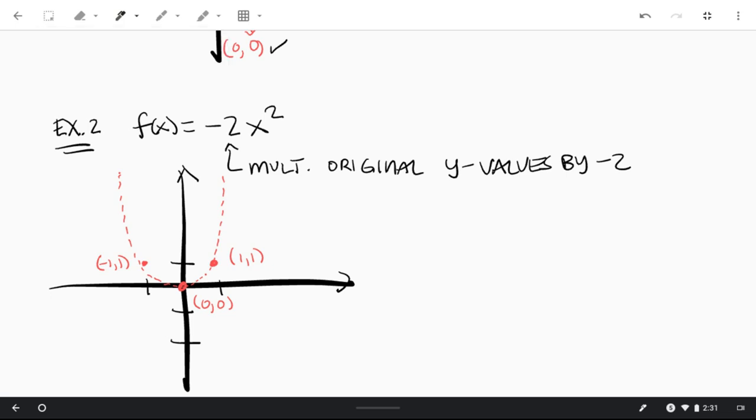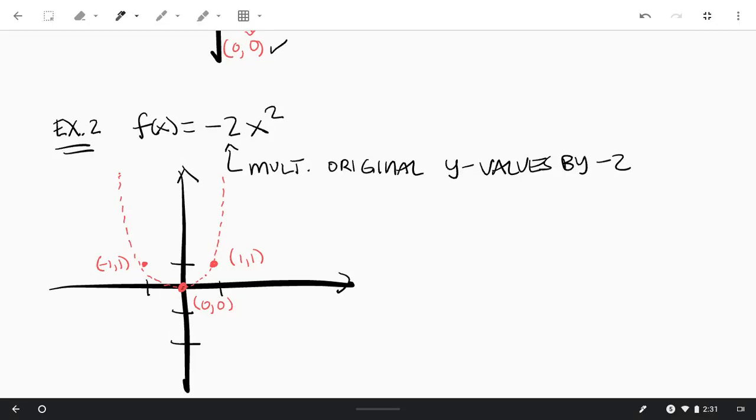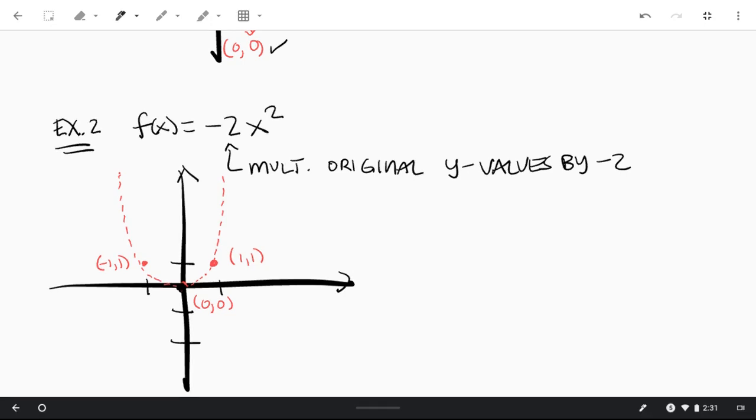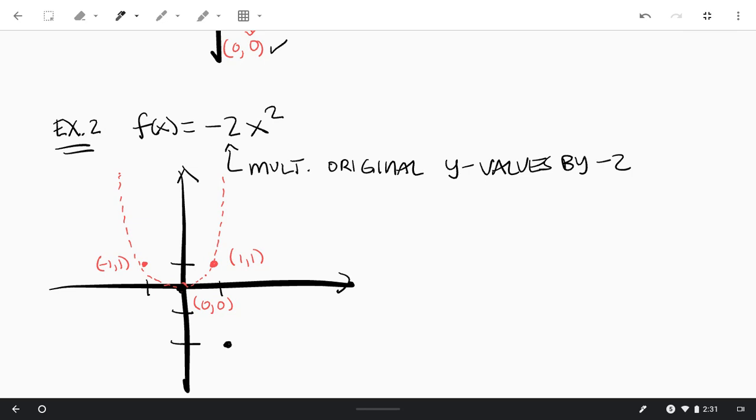This time I'm not going to write them down. I'm just going to go ahead and plot them. So 0, 0 will become 0, 0. 1, 1 will become 1, -2. So I'm going to plot 1, -2. Because I multiplied the y value, only the y value.